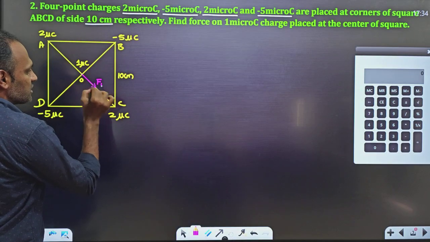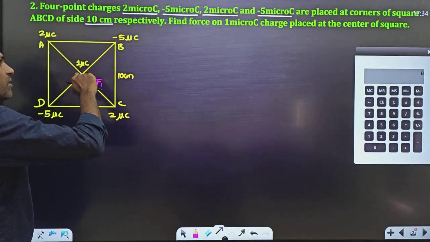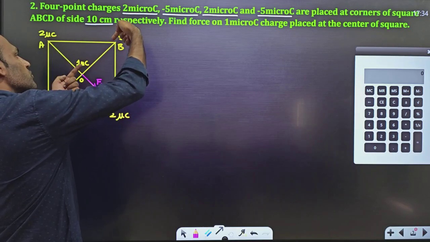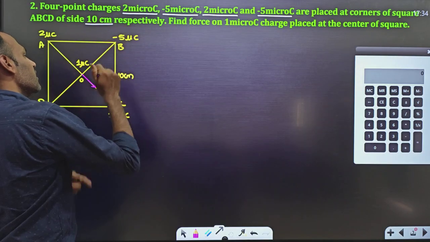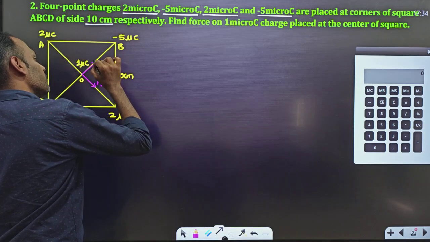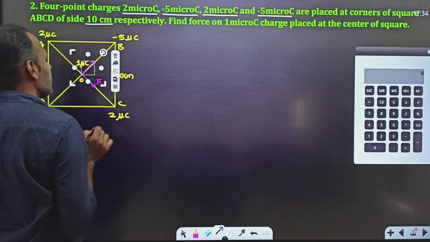I will call this force F1. Next, plus 1 microcoulomb and minus 5 microcoulomb: one is positive and one is negative, so the force must be attractive. So the force on 1 microcoulomb will be in this direction due to minus 5 microcoulomb at B. It will be exactly along the diagonal.